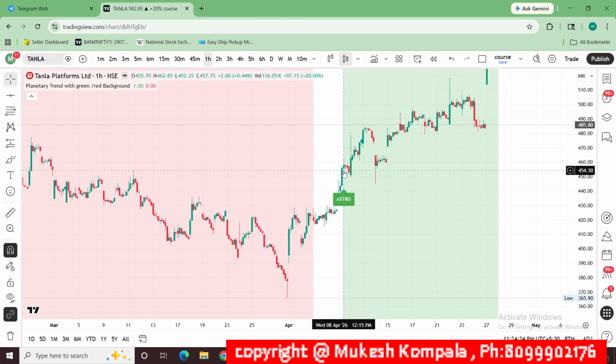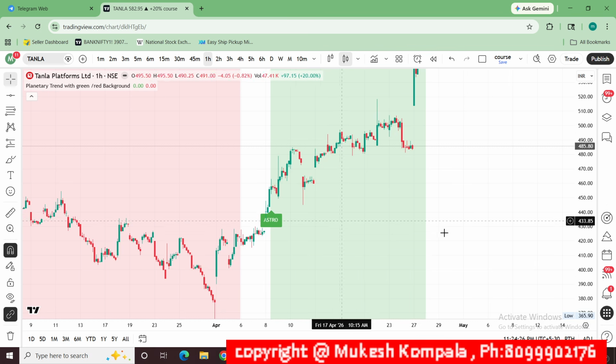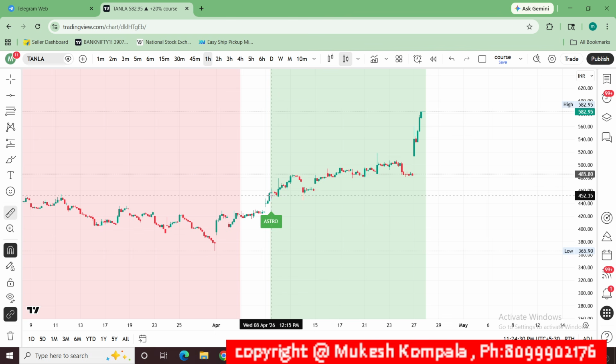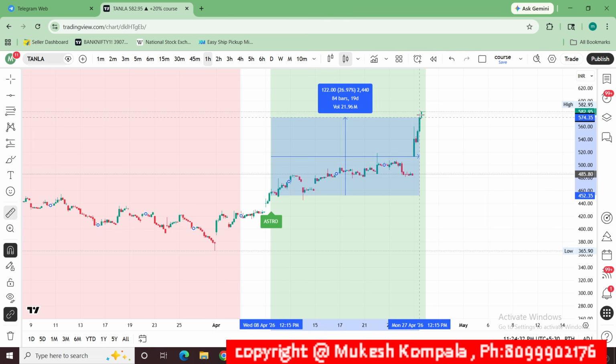Can you show with the scale how much and how many days it has taken? It's going to go more up, as Astro is showing. Definitely, the book profit area has not come yet. It's 28.87% in 19 days. So recent as well. The sell Rev Astro.